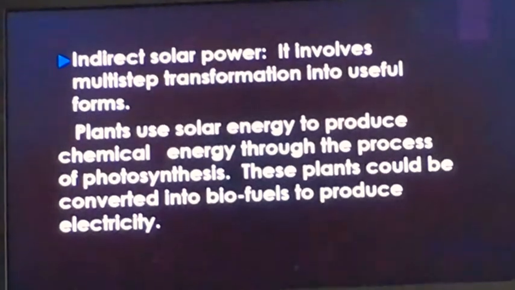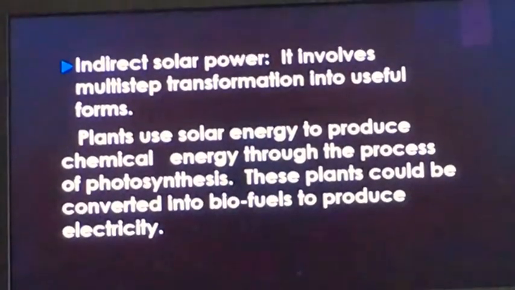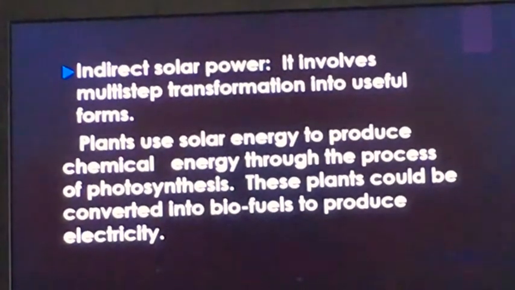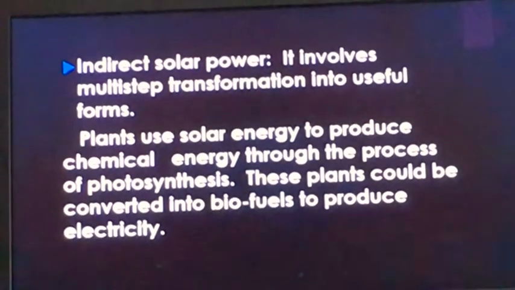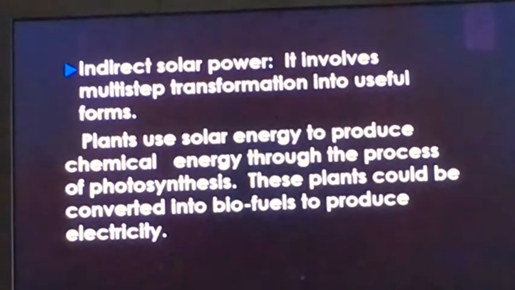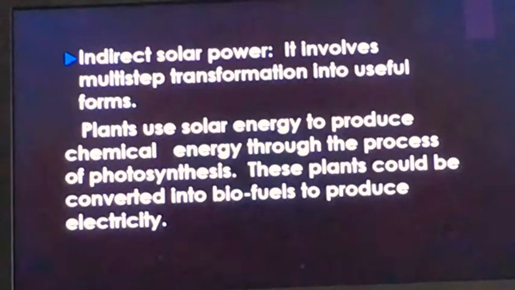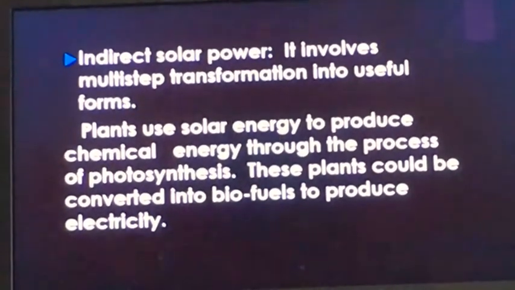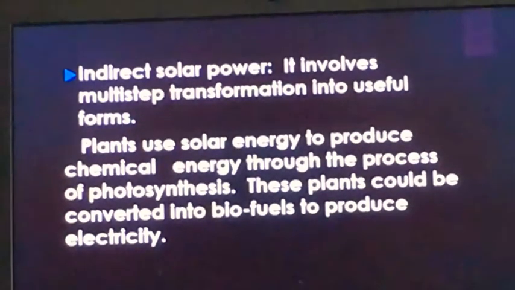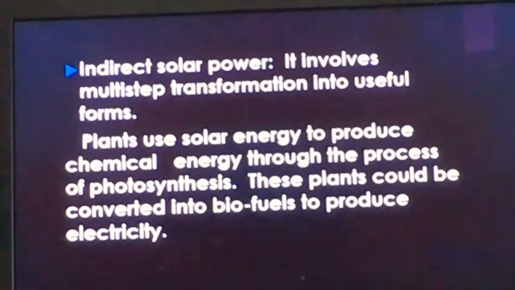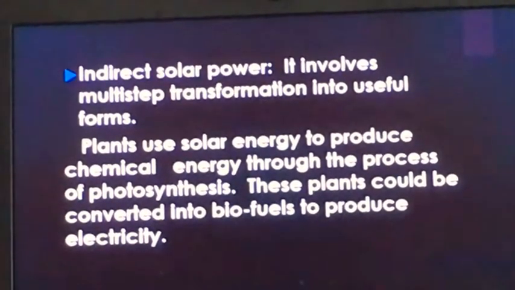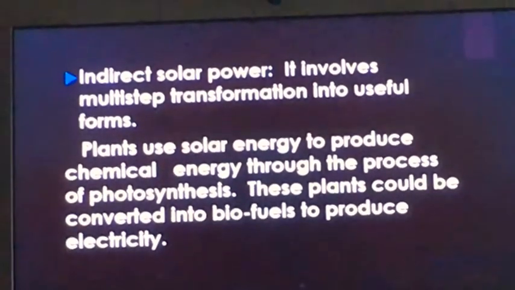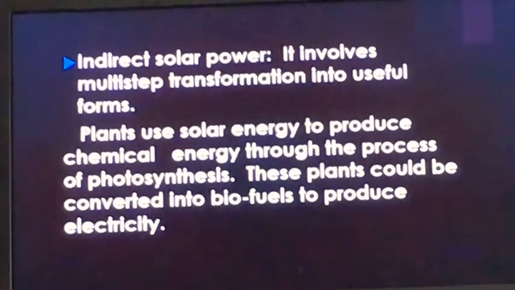So there also the energy is obtained from the sun. That is, sunlight is getting converted to other forms of energy. So sunlight can be utilized in two ways, either direct utilization or indirect utilization, where multi-step transformation of sunlight to other forms of energy is taking place.